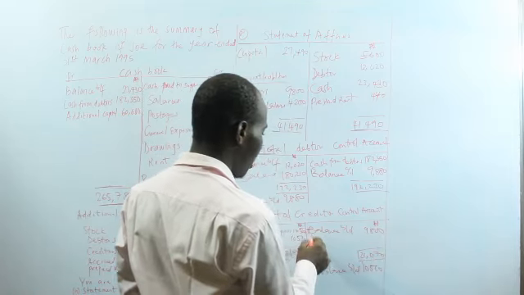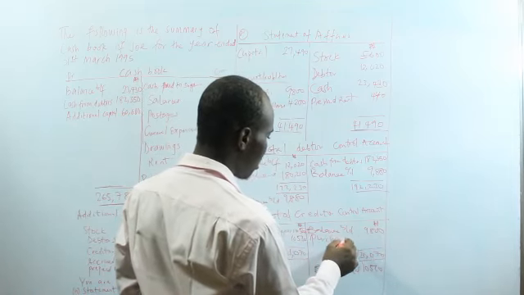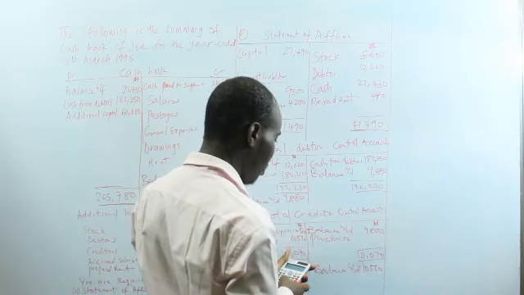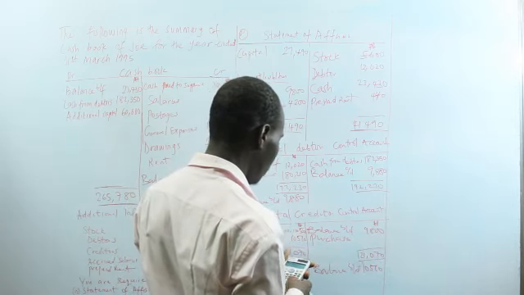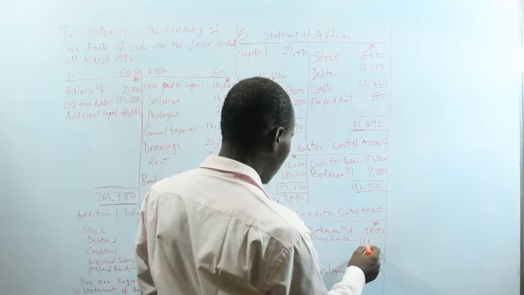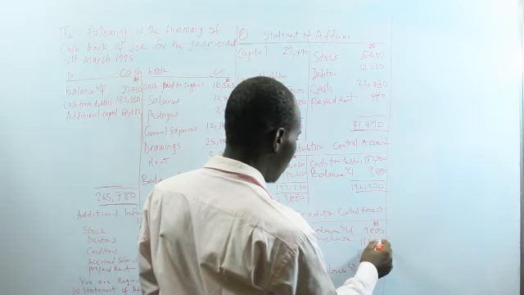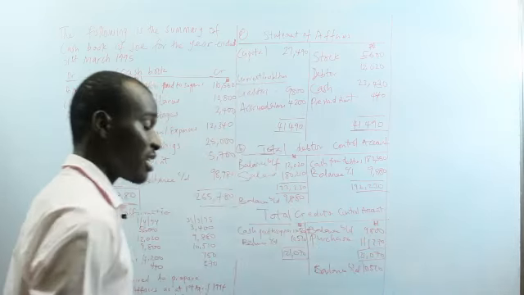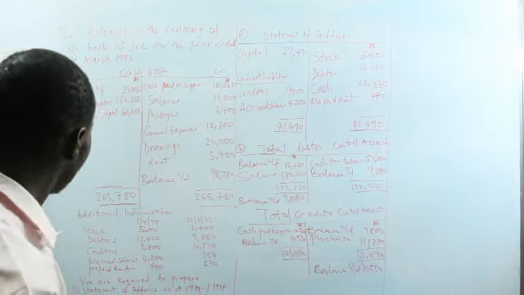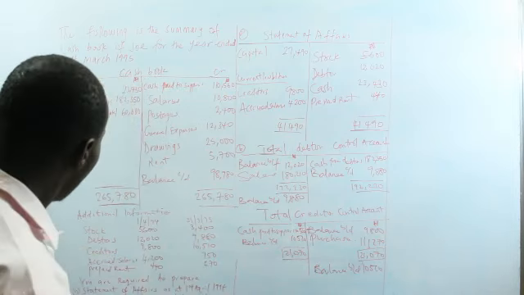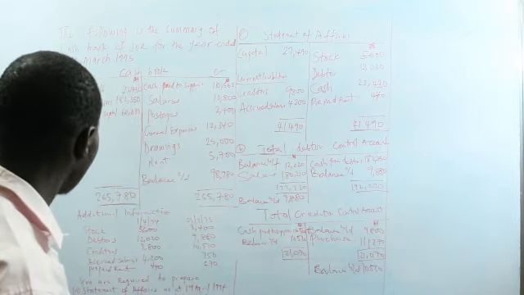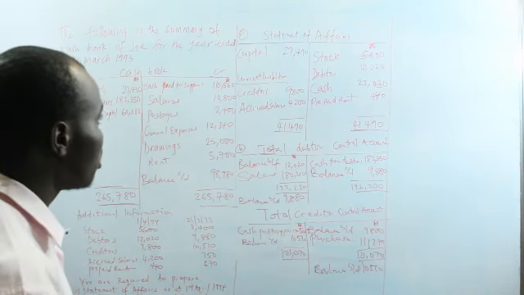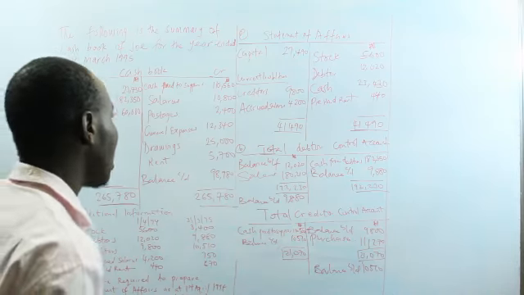That means our purchases must have been here, so minus 9,800, we have 111,270. That is our purchases in the period. We have already been given the opening stock and the closing stock within the period. Now we are free to prepare our trading account.